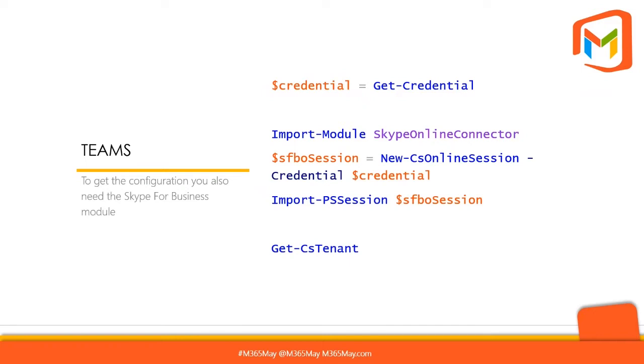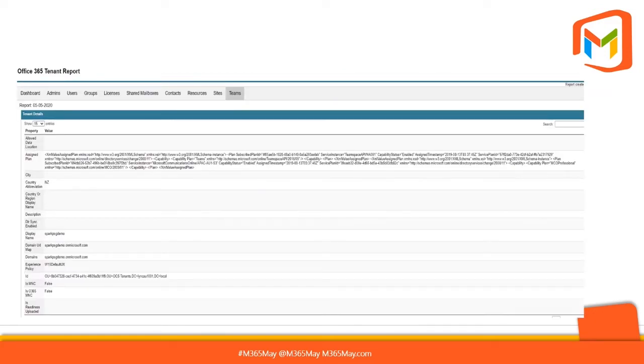So there's just a small bit of code that you run, and that Get-CsTenant will give you a list of, once again, all your team settings. And it's a bit ugly, but this is what it spits out.